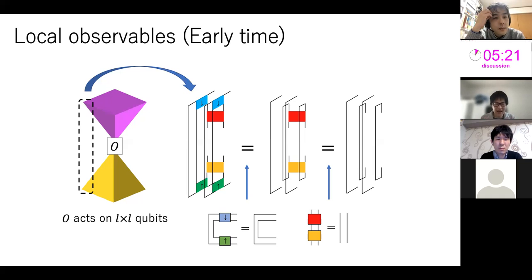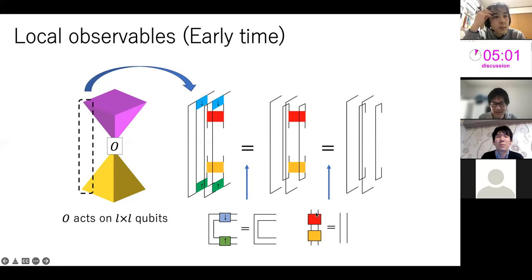First, with a solvable initial state, in early time they are equivalent to infinite temperature. That corresponds to the local density matrix being equal to identity, the maximally mixed state.